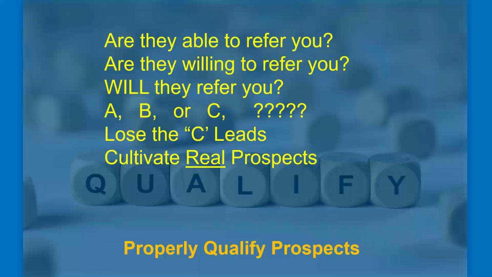Well, in theory, they are able, but they've decided they're not going to refer you or anybody. They're going to refer their policyholder that had a loss over to the 800 number. That's just silly. I think it's very short-sighted for the insurance agent. But if that's what they're going to do and they tell you that's how they operate, they're not going to refer you. Lose them from your list.